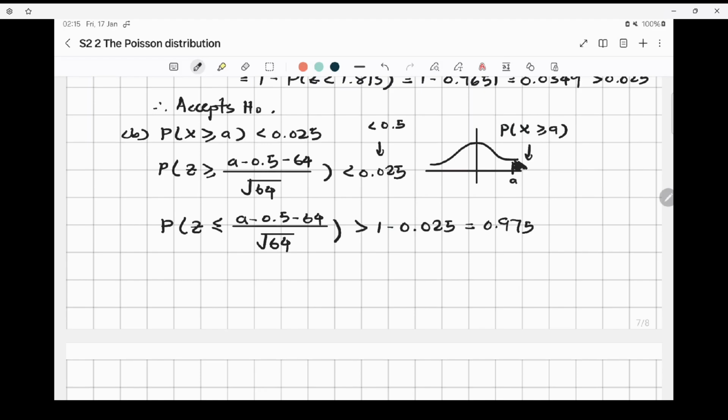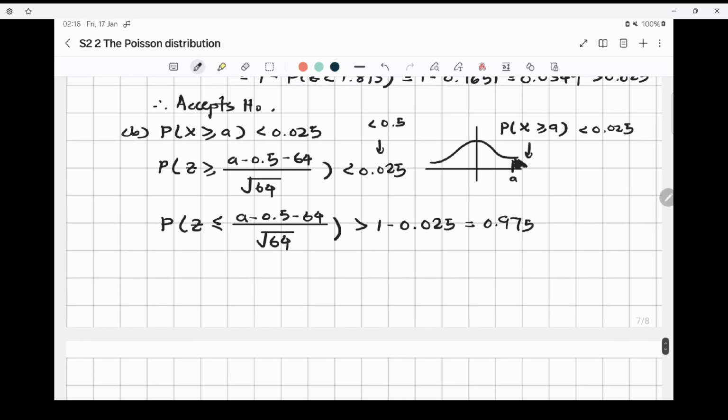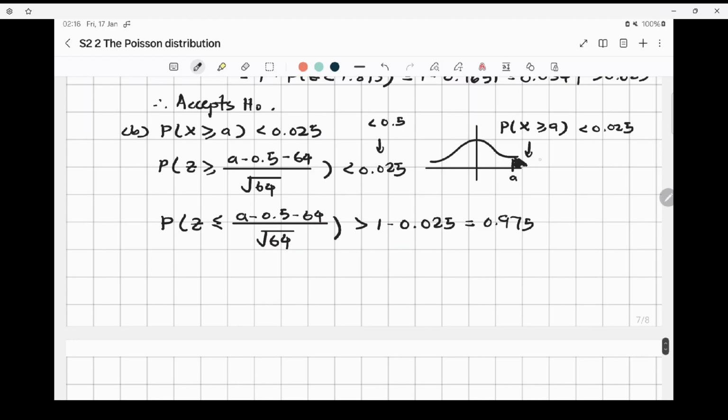So this portion is given by this, and it has to be smaller than 0.025. So in order for you to find this, basically you need to use from the table 1 minus P(X ≤ a), and this has to be smaller than 0.025. Right?